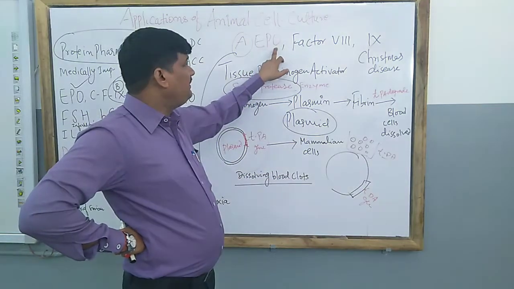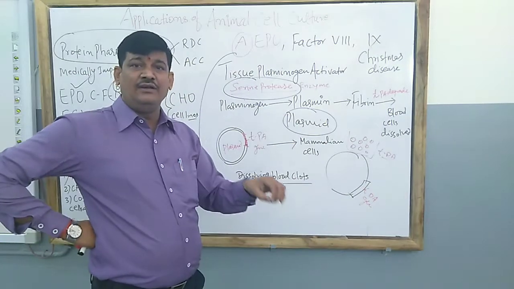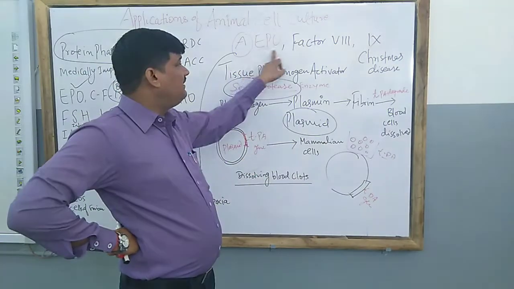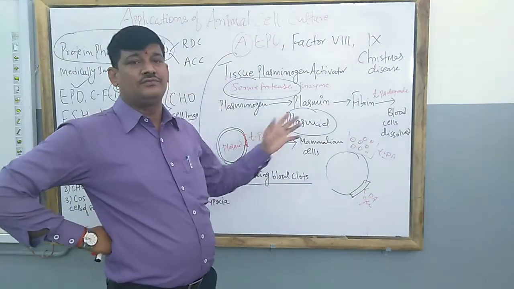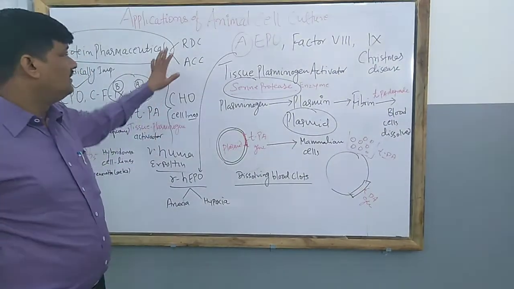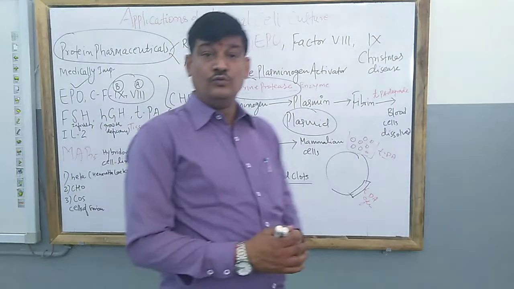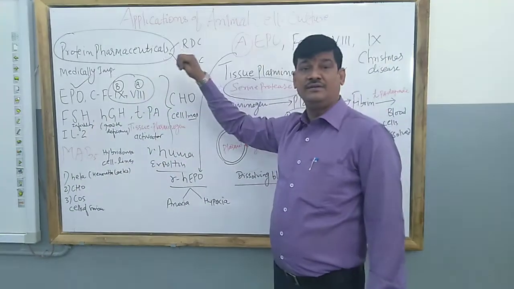But when erythropoietin hormone is directly inserted into the human cells, there is no harm of such sorts of diseases.